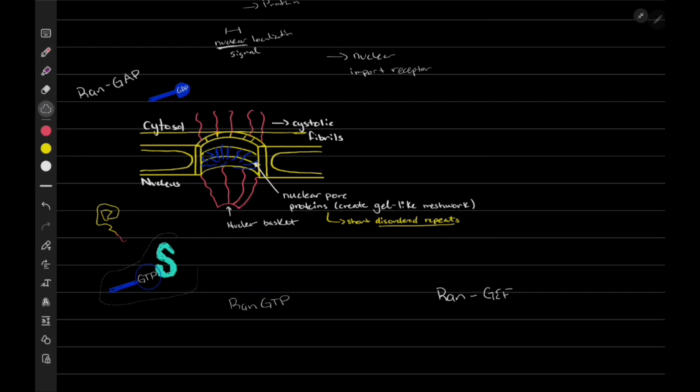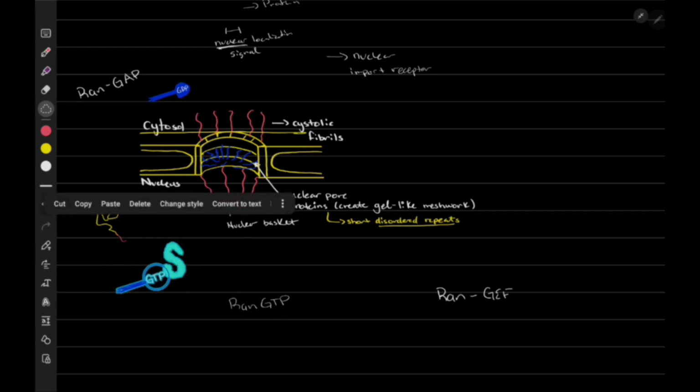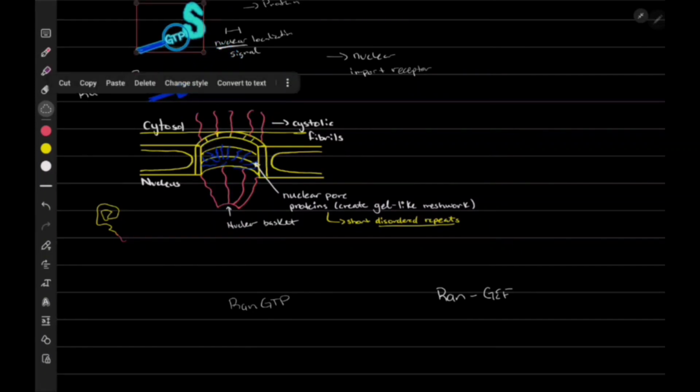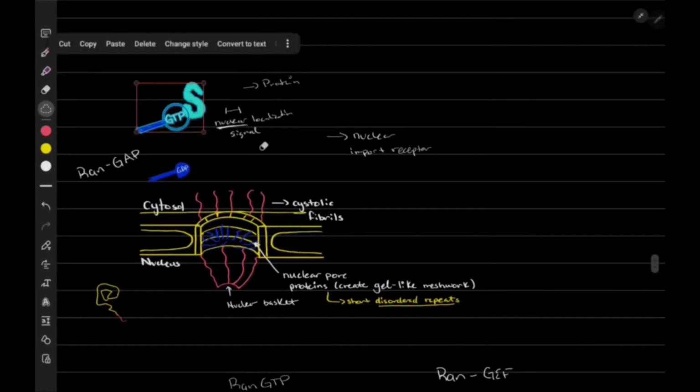So now we have our RAN-GTP and our import receptor bound. RAN-GTP is going to allow it to leave the nucleus and go into the cytosol.